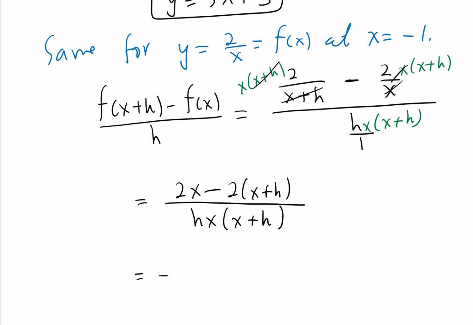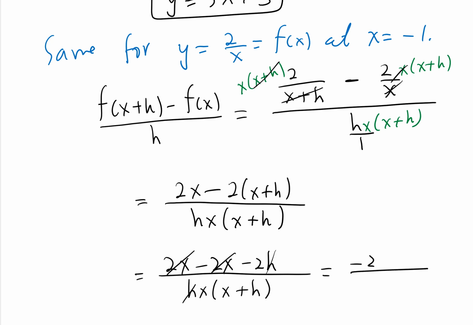What is left on the top? 2x minus 2x minus 2h. Keep the denominator the same. The 2x cancel. Then the h cancels. So that gives us negative 2 over x times x plus h.